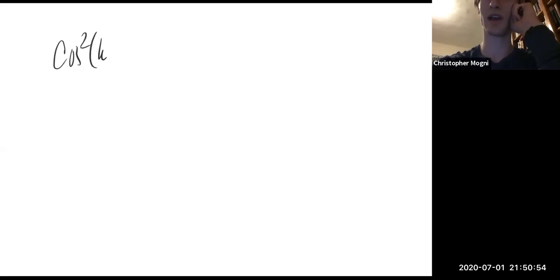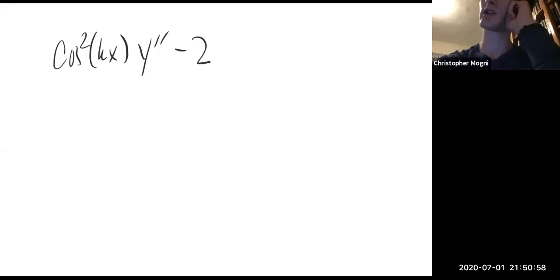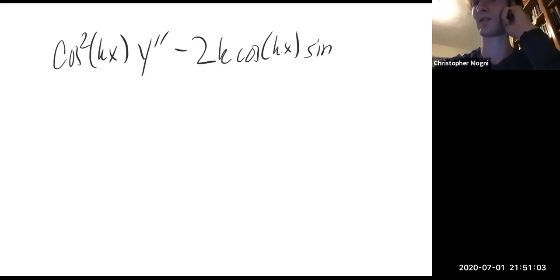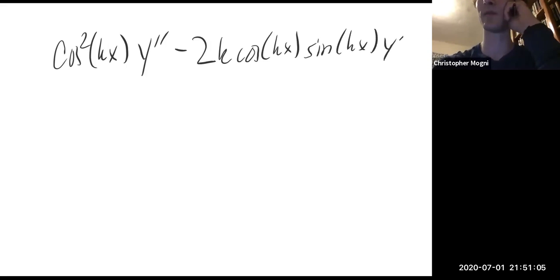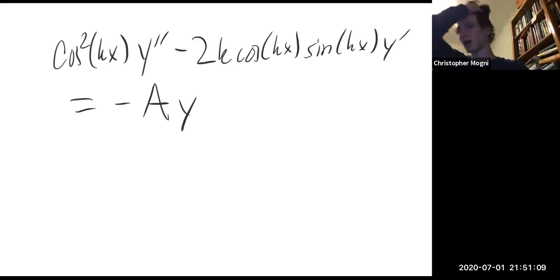And so the Euler-Lagrange equation is going to be cos squared kx y double prime minus 2k cos kx sine kx y prime is equal to minus a times y.